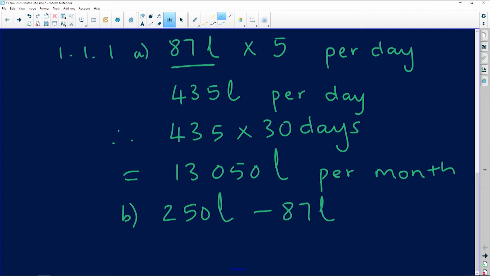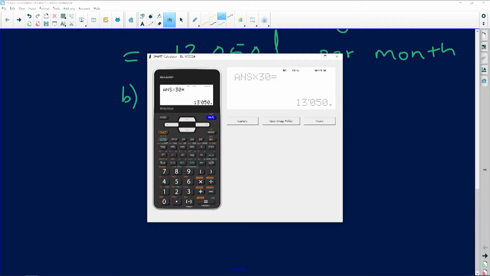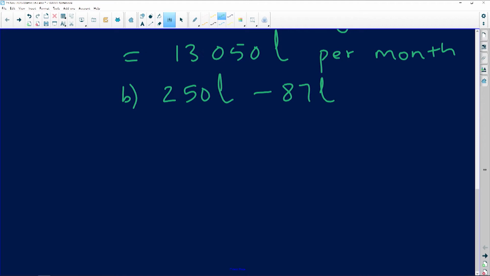Because I've already calculated that over there and they've already used it in terms of that. So now let's see how much that's going to give us. 250 minus 87. So this is 163 liters. So it means that 163 liters is from the tank. And that's per person, okay?